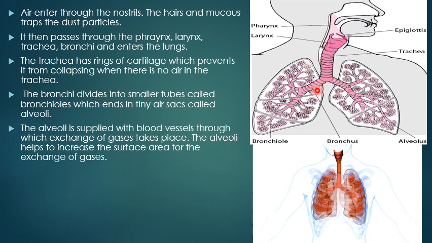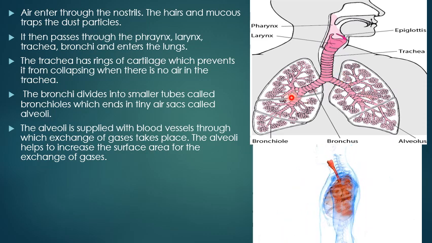The trachea extends further down into the breastbone and splits into two bronchi. This particular part is called the bronchi, one for each lung. So there are two bronchi, one present in each lung, which I told you just now enter each lung individually.